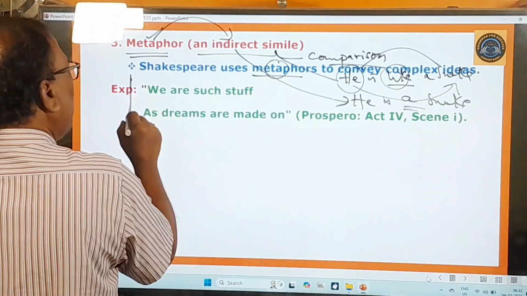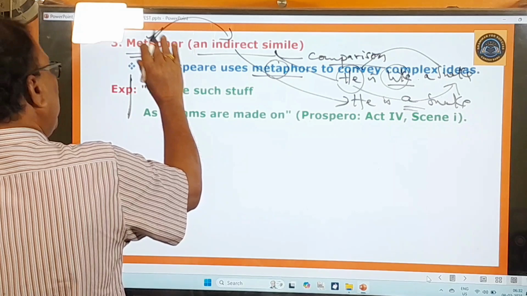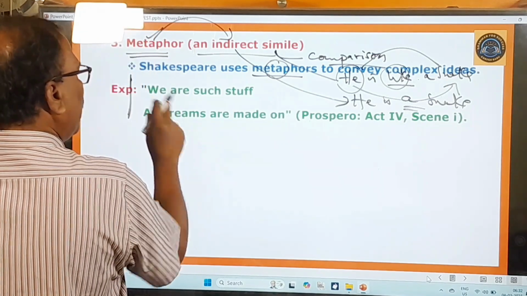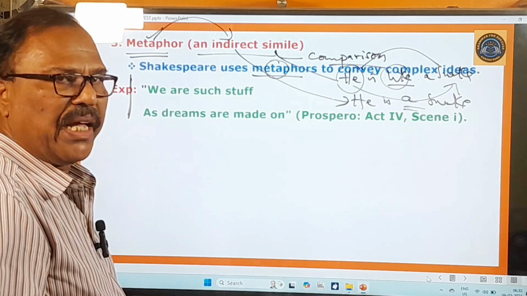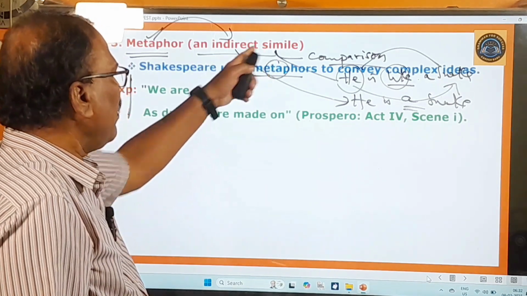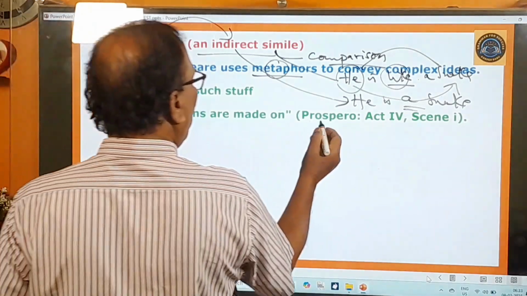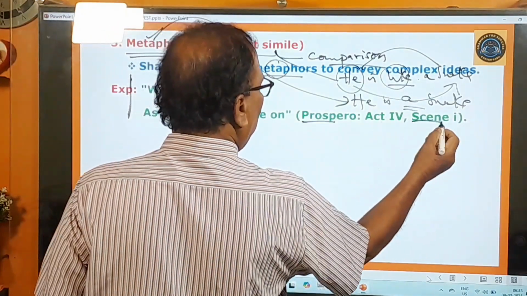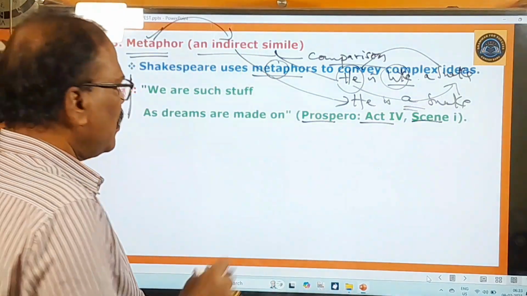So these two lines can be taken as an example for this metaphor. And in this, you can find indirect comparison, not the direct comparison. Direct comparison becomes simile. Indirect comparison becomes metaphor. And these words are spoken by Prospero in Act 4, Scene 1. So that is the address.